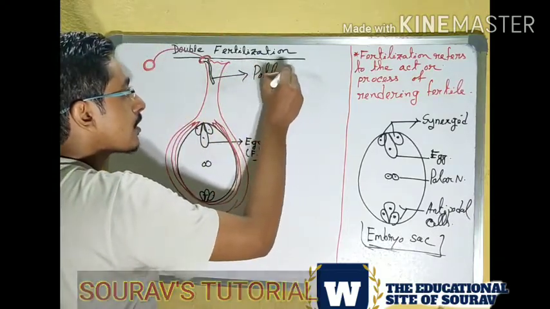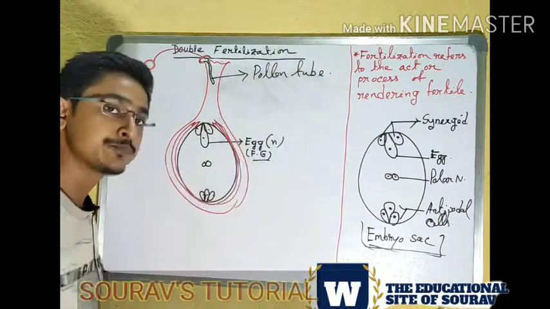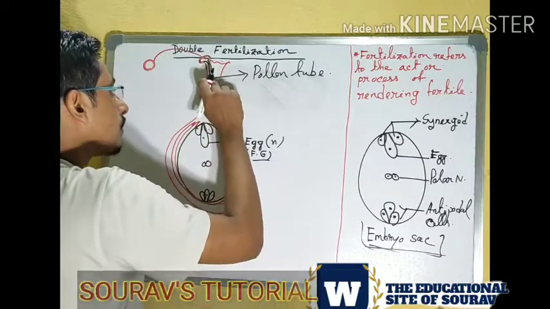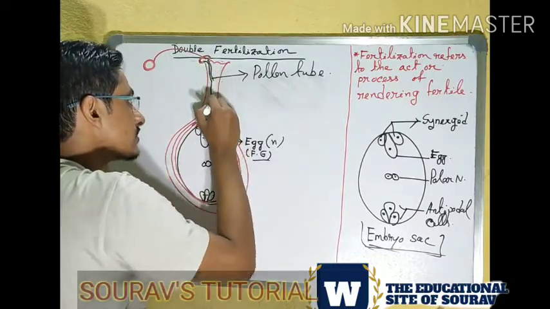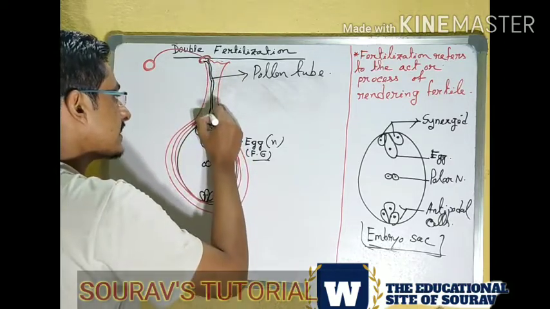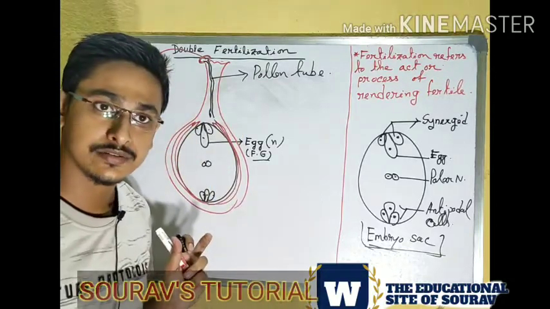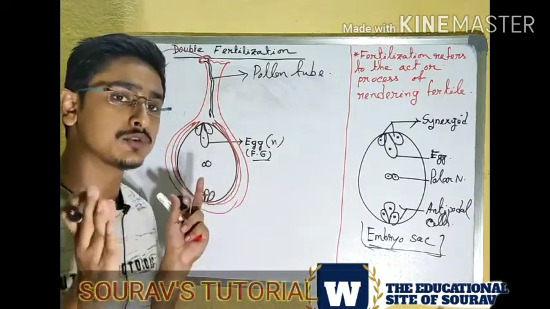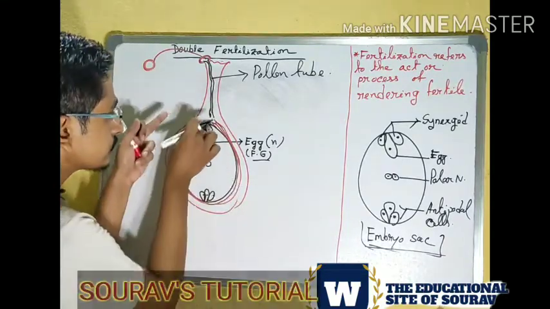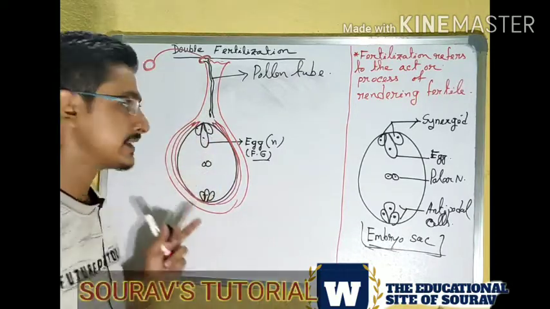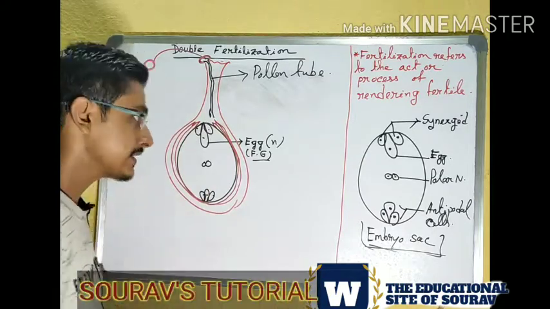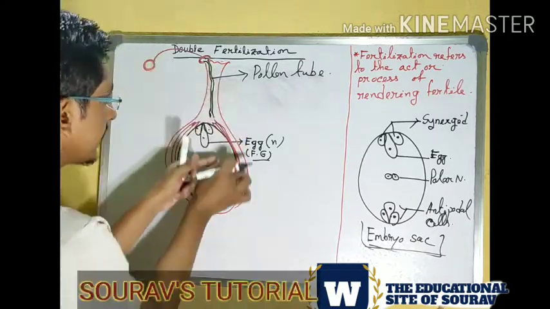This pollen tube will go through the style portion, and it will enter through the micropylar end. There are several pathways, but suppose this pollen tube enters the embryo sac through the micropylar end. That means in this portion there is an opening, that is the micropylar end, and through this portion the tube will enter.